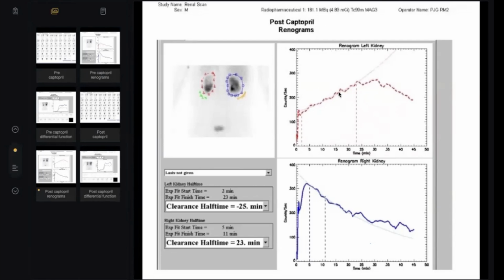Yes or no? Yes. It is still below 300 per second, and the uptake after captopril is still lesser than the uptake of the contralateral kidney. I mean that the curve is not reaching the peak, not reaching 300, and the time of the peak is more than the time of the peak of the right kidney.